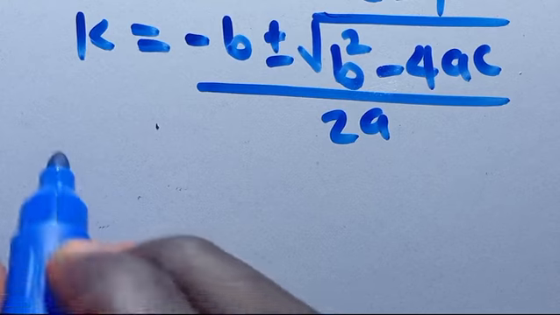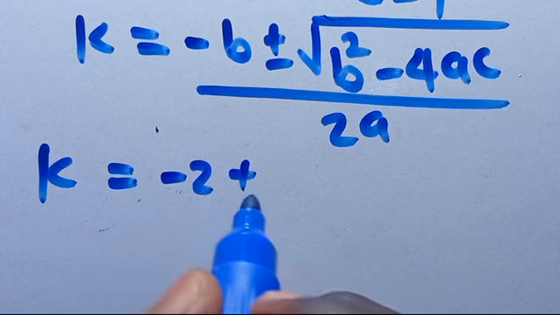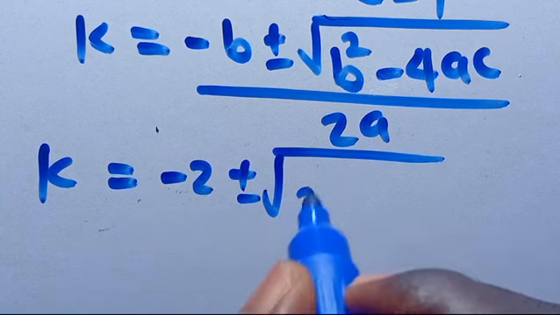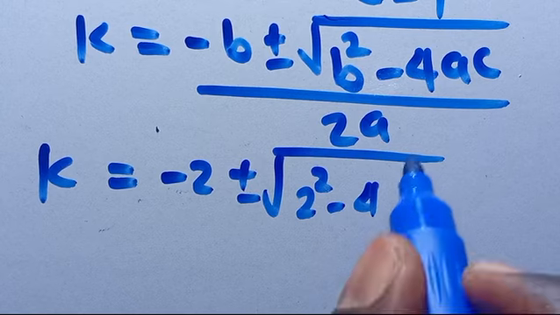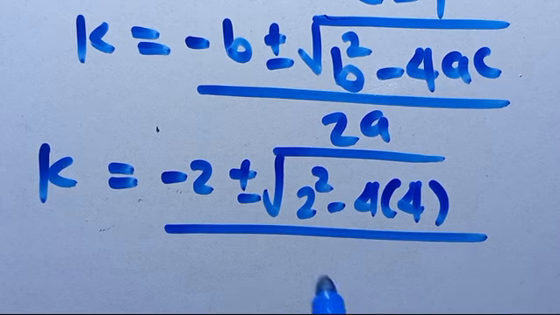So from here we have k equals minus 2, positive or negative, square root of 2 square, minus 4 times a, 1, times c, 4, over 2.